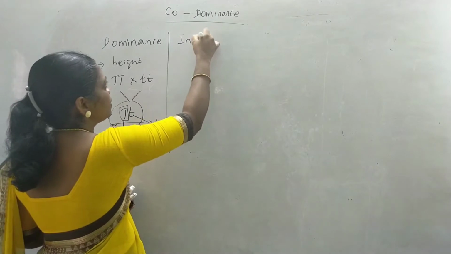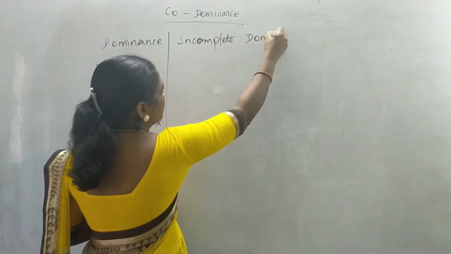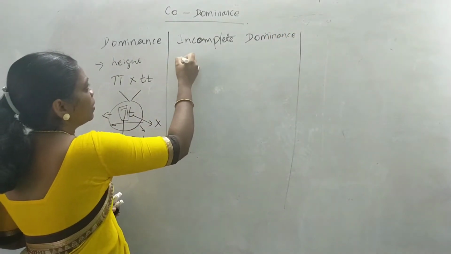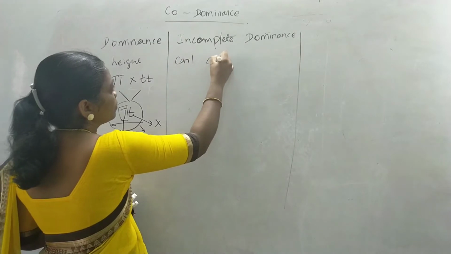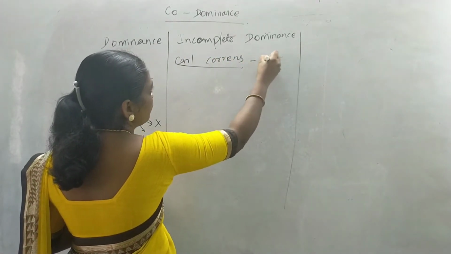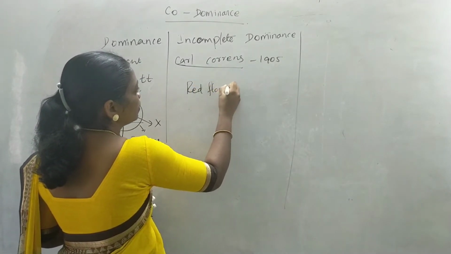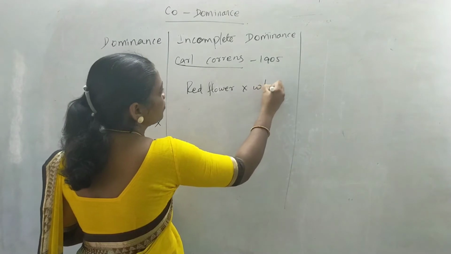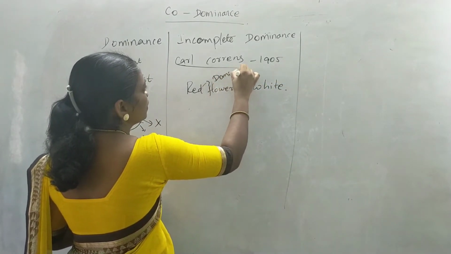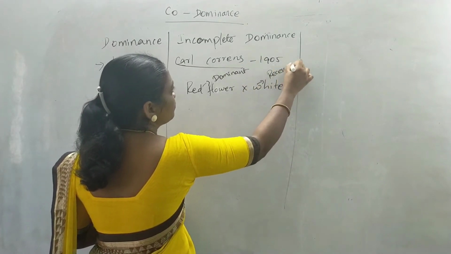So what is incomplete dominance? Carl Correns conducted this experiment in the year 1905. He crossed a red flower with a white flower. Red flower is dominant, white flower is recessive.